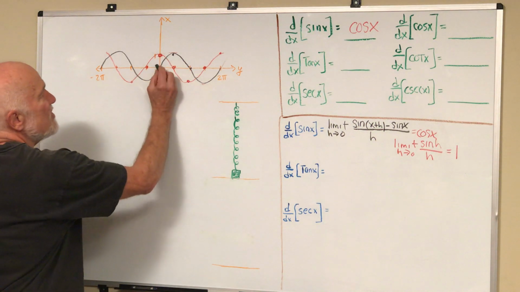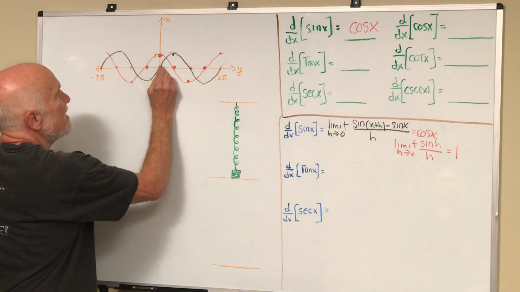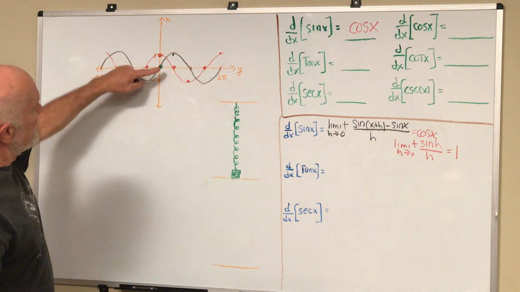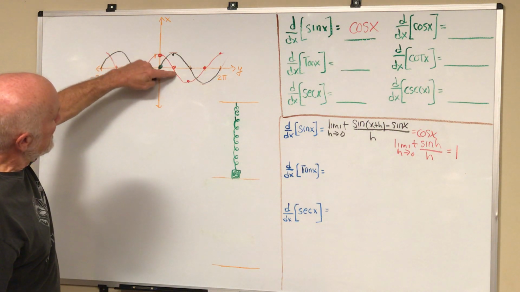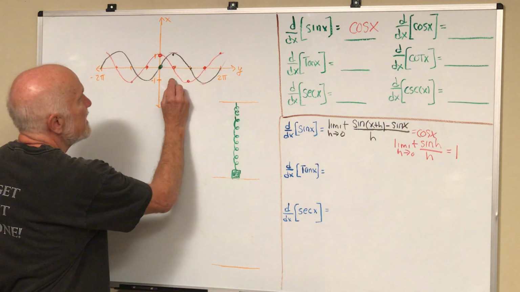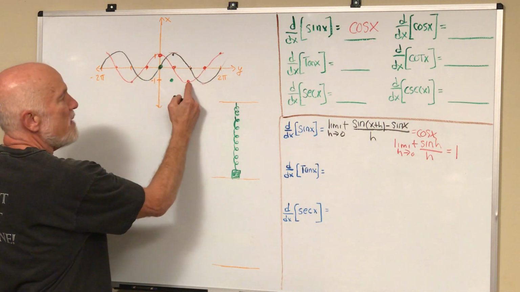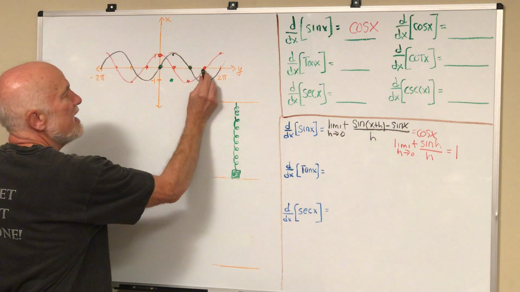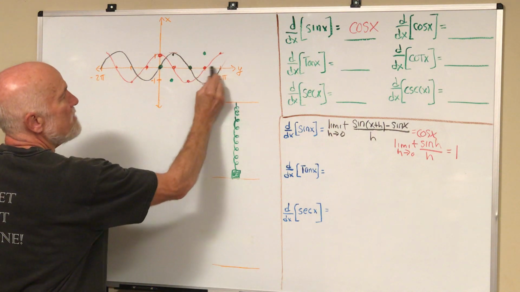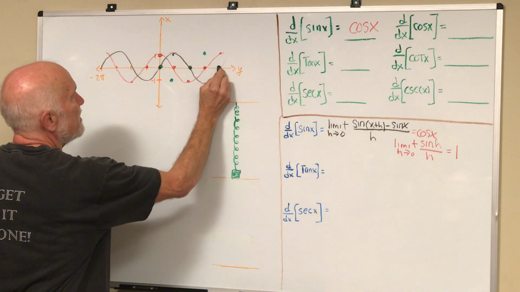Well, it's pretty easy to see that that slope is 0. And then right here, at pi over 2, we see the slope of the red line is -1. And then it goes back to a slope of 0, and then to a slope of 1, and then back down to a slope of 0.